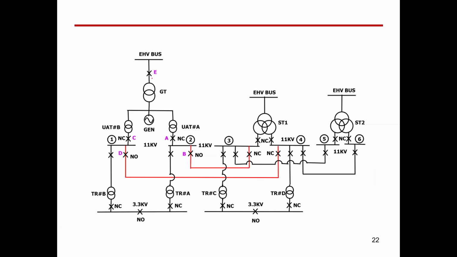This bus is connected here to something called E. This is most probably a disconnecting switch, or circuit breaker, and then it's connected to this symbol. It's a transformer. They call it here GT, maybe the generating transformer, because it's directly connected to the generator bus.